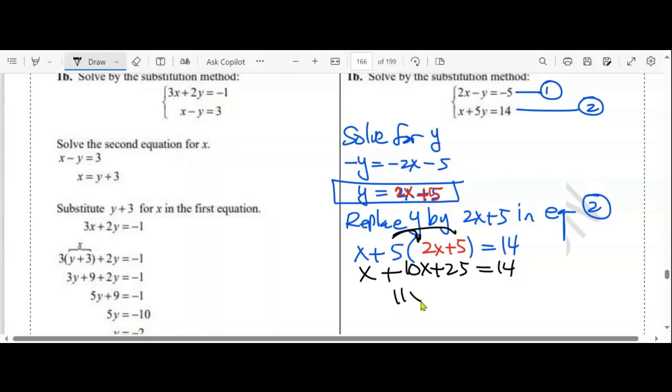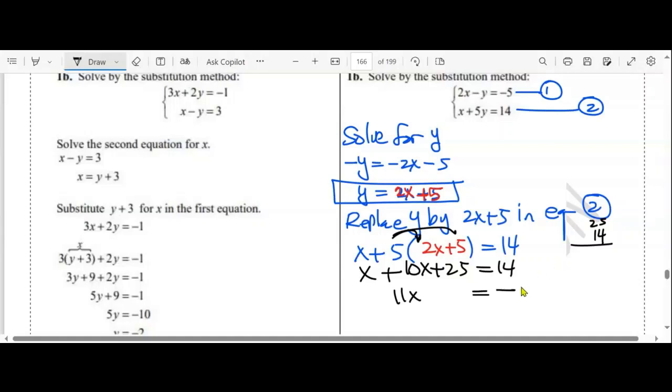That's 11x. And you move the 25 to the other side, it becomes negative. So it's going to be negative 25. 14 minus 25 is negative 11. Subtract, minus 11, right?